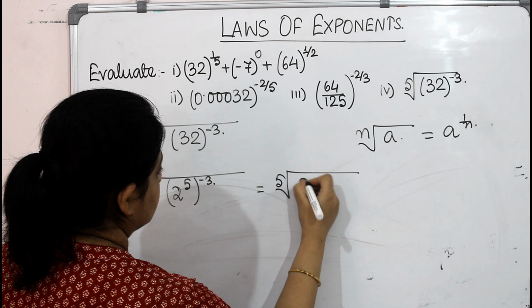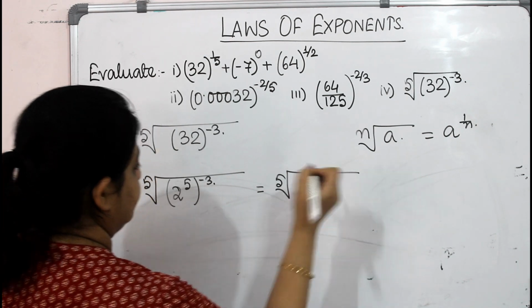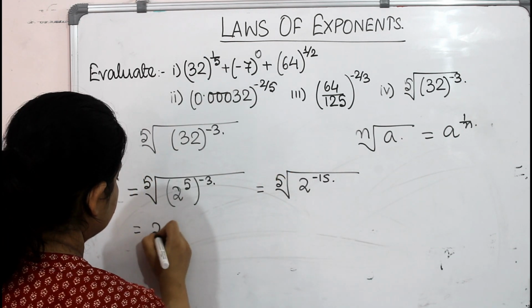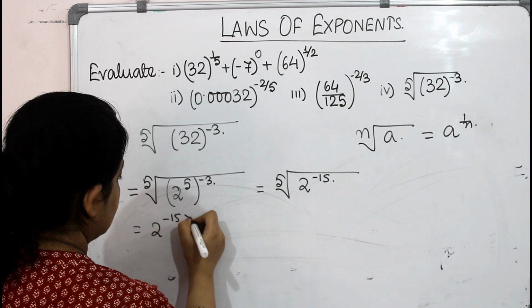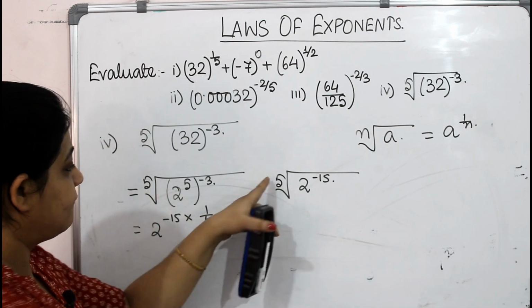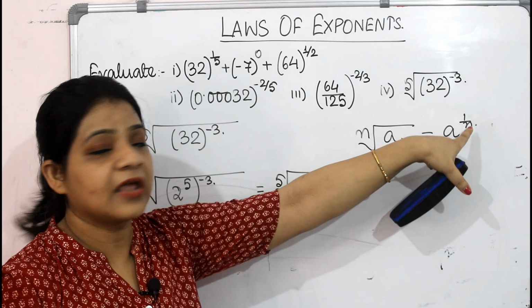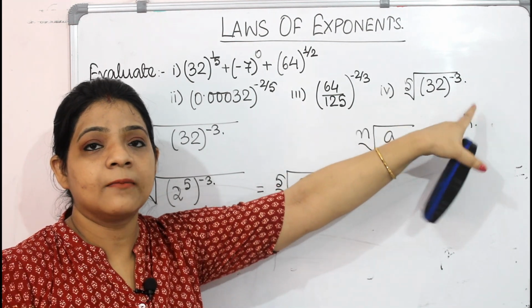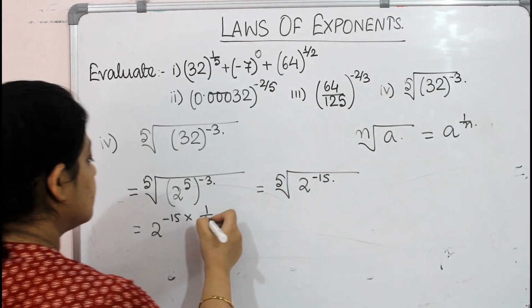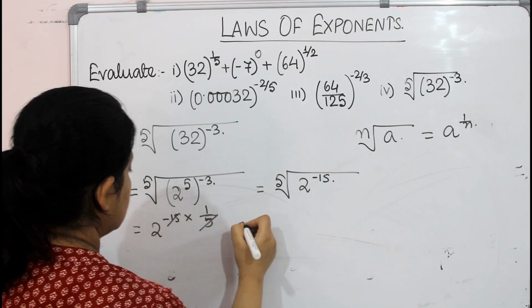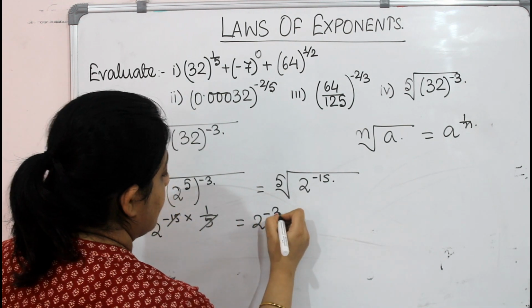So this is 2 to the power of minus 15. So we can write it as 2 to the power of minus 15 into 1 by 5, since nth root can be written as a to the power of 1 by n. So this gets cancelled, and you are getting 2 to the power of minus 3.